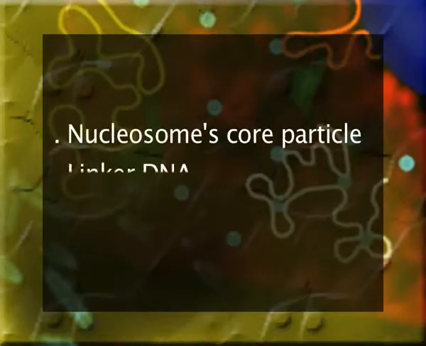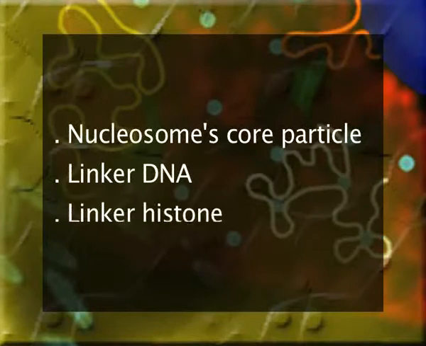The nucleosome, that is the nucleosome core particle, linker DNA and linker histone, is a fundamental unit of transcriptionally inactive chromatin in all eukaryotic chromosomes, and most of its sequence is in the inactive state for most of the time.